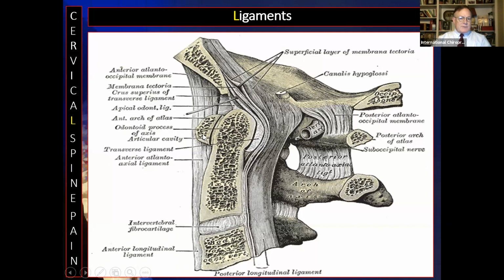And here's the anterior atlanto-axial membrane. And you keep going south, it's the anterior longitudinal ligament. Kind of coalescent, although we give it different names, it's basically the same. And again, the ligaments are coalescent with the outermost annulus, which is contiguous with the concentric rings of the annulus fibrosus here.